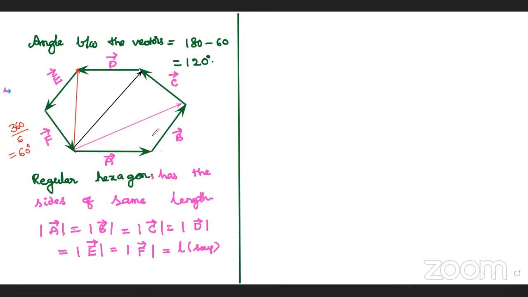It is the exterior angle. So the interior angle is equal to 120 degrees.